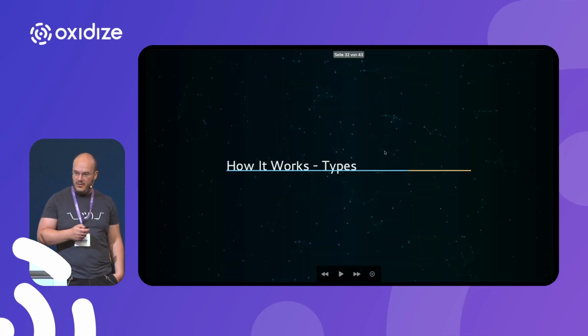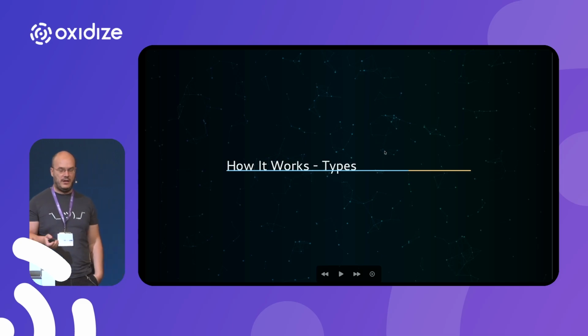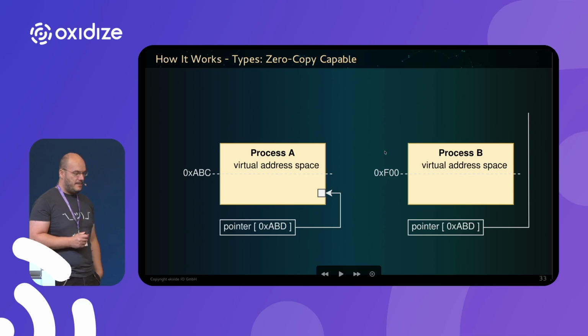And now again, I wanted to also highlight how it works from a type perspective. How can we even make sure that they have the same memory layout? First of all, we have to talk a little bit about processes. Processes usually have virtual address spaces on Linux, Windows, and macOS. Therefore, a pointer which is valid in one process is not valid in another process.